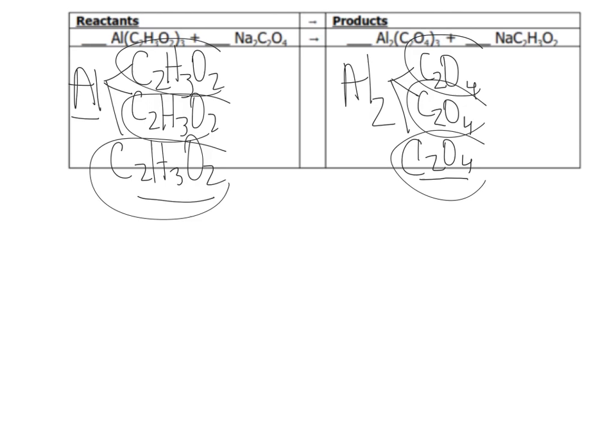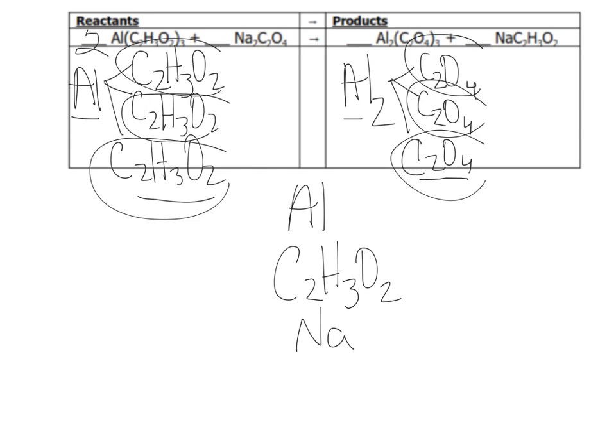I'll start with Al. I've got 1 on the reactant, 2 on the products, so I'm going to put a 2 in front of that. And I forgot to do our inventory.